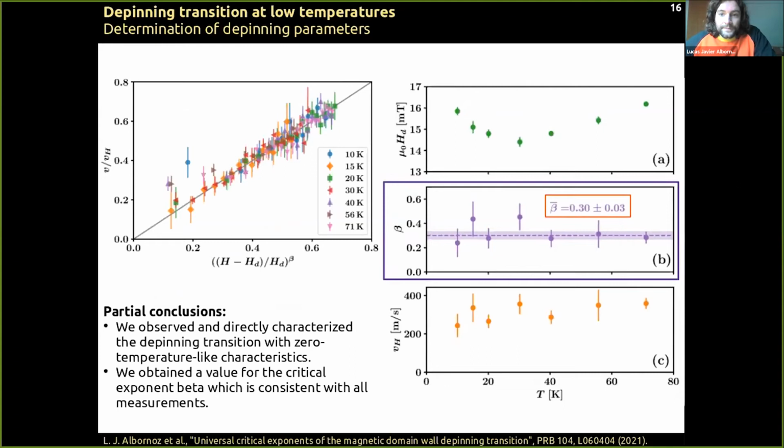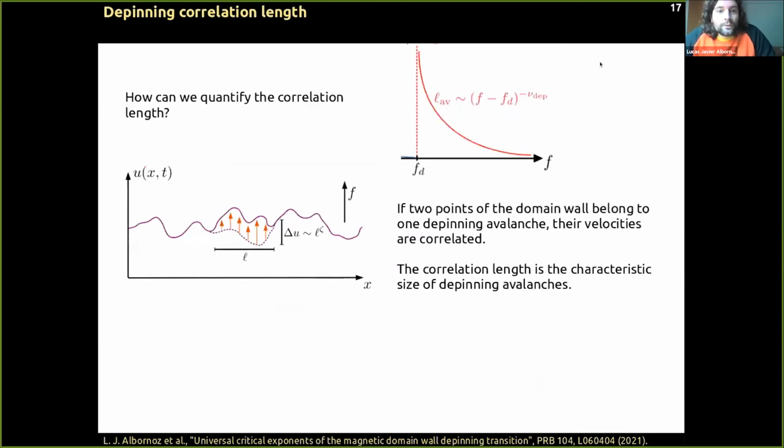And then, in order to obtain another critical exponent, we quantify the correlation length in these same conditions of low temperature.